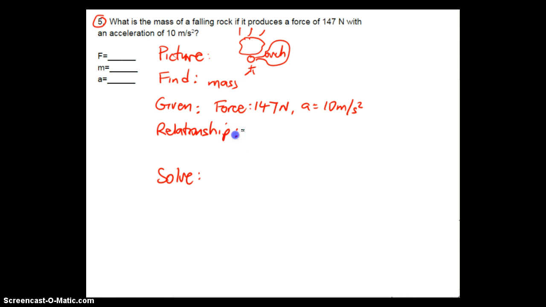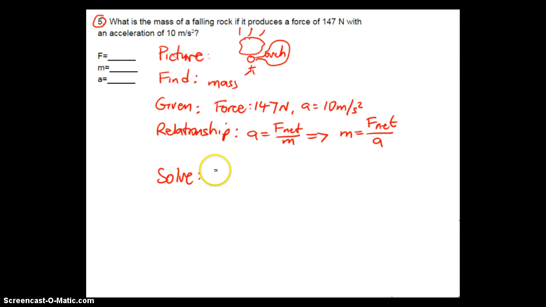Relationship. Okay, we're looking for our mass. Previously we know that acceleration is net force divided by mass. Let me rearrange that. I know that mass is equal to net force divided by acceleration. If the algebraic manipulation to go from this to this is a bit confusing, stop and see me.